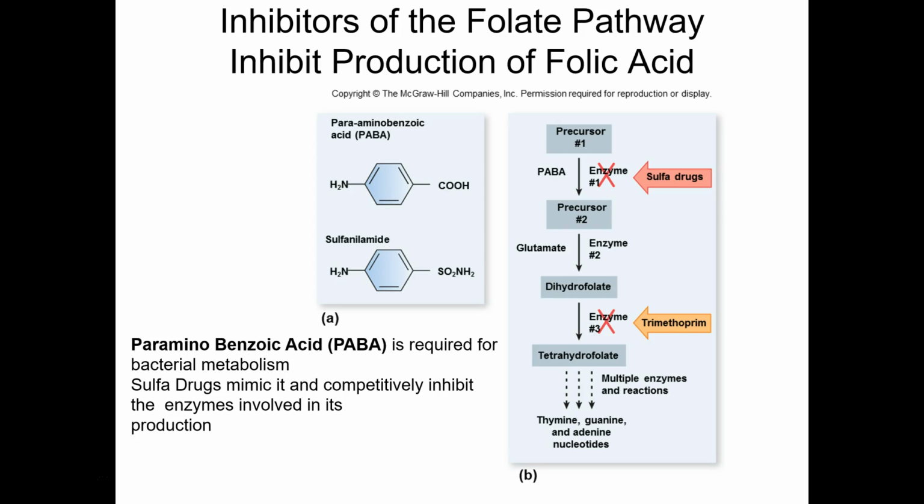It's prescribed as what's called Bactrim. Trimethoprim does the same thing, but to enzyme 3. So here they're working together. One stops the first enzyme, the other one's your backup to stop enzyme 3. It's just ensuring the pathway is fully shut down. Classic example of synergism. They're boosting the effectiveness of each other.